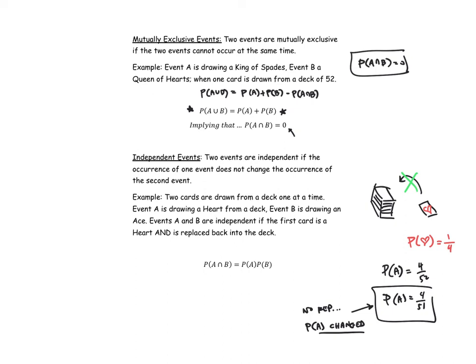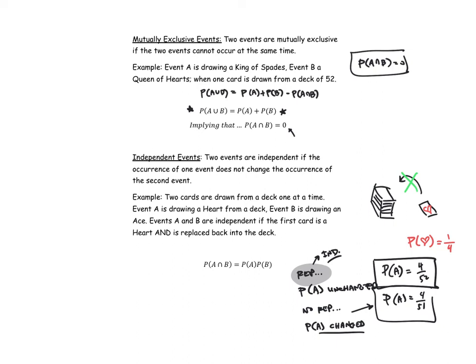But if there is replacement, then the probability of pulling an ace is exactly what you'd expect it to be. It is unchanged. Therefore, replacement implies independent events. Now, independent events won't always have the word replacement involved. You have to consider the scenario, the criteria, and then determine independent or not.